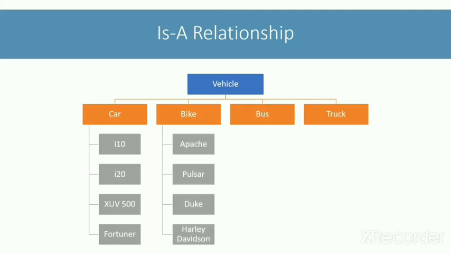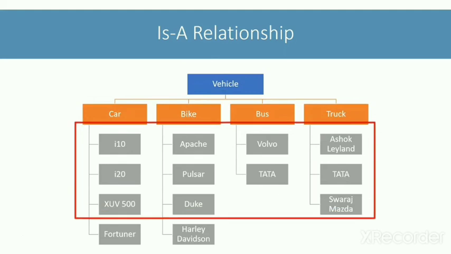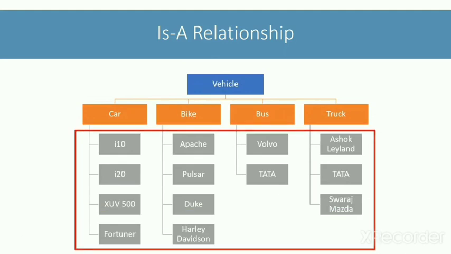Similarly, for bikes, you may have a TVS Apache, Bajaj Pulsar, KTM Duke, or Harley Davidson, and each of them is a bike. You can extend this similarly for buses and trucks as well. I hope this helps you to see how we can use is-a relationship to categorize entities based on common characteristics and behavior. Also, most of the time these relationships are hierarchical, like we saw with vehicles, then cars, bikes, then the different models of these cars and bikes, etc.